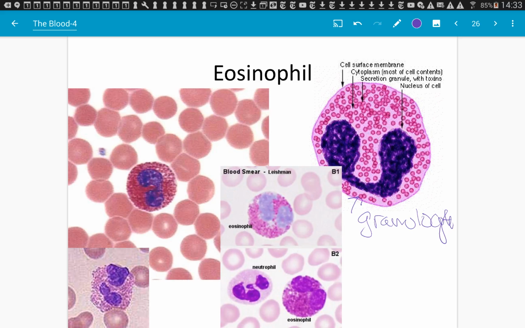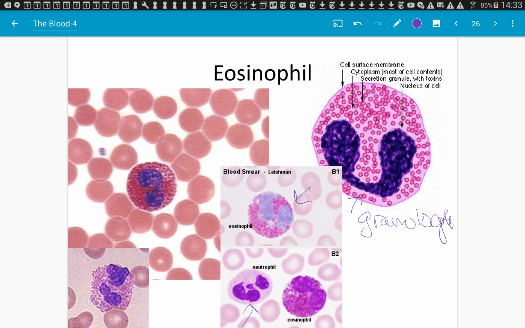So just for reference, if we look over here, there's a neutrophil. You can see it looks like we have 3 nuclei in that. And then for reference, if we look at the eosinophil, yeah, it looks like there's multiple nuclei, again, because the nucleus has kind of a strange shape to it.